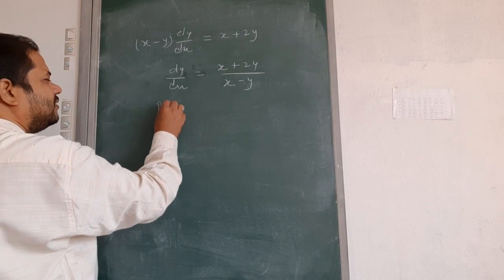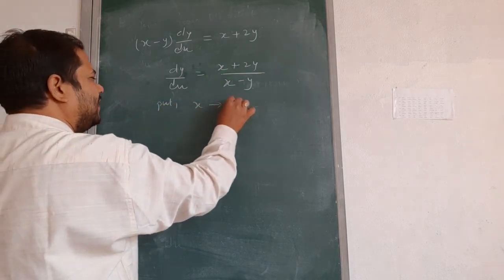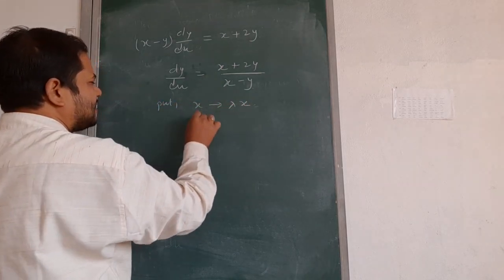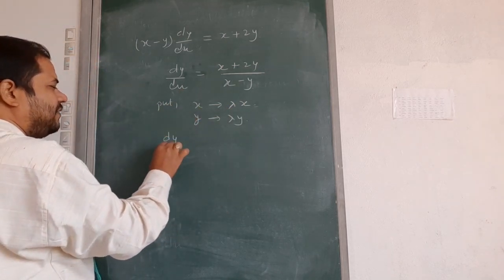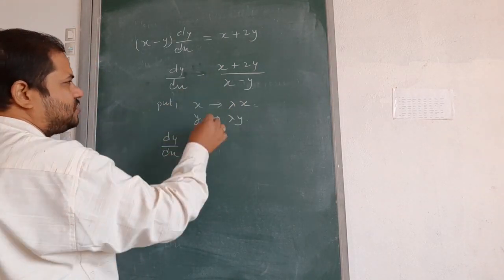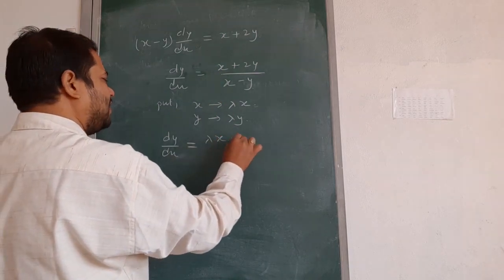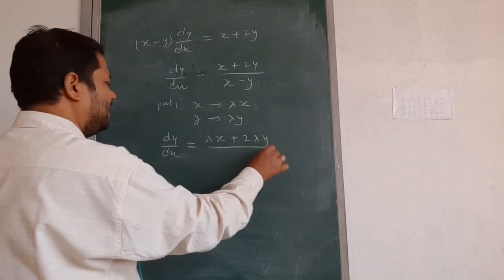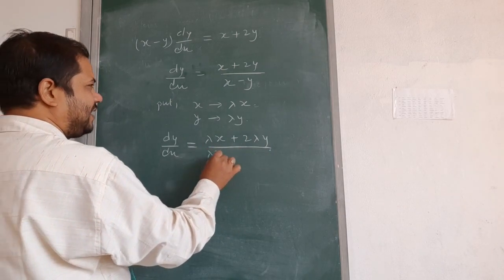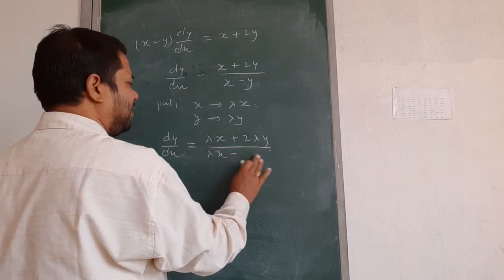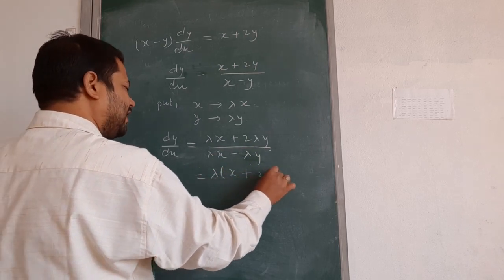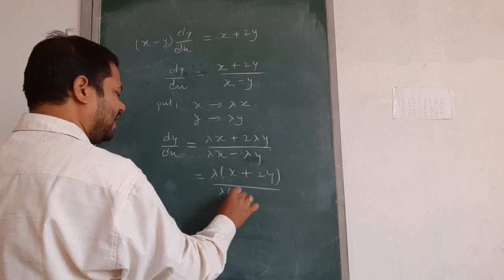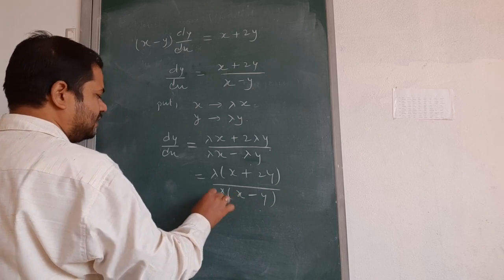Now replace x by lambda x and y by lambda y. We will get dy by dx is equals to (lambda x plus 2 into lambda y) upon (lambda x minus lambda y). So lambda (x plus 2y) upon lambda (x minus y), this lambda is cancelled out.